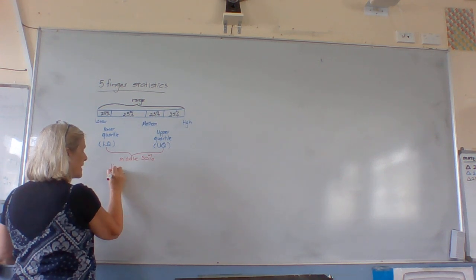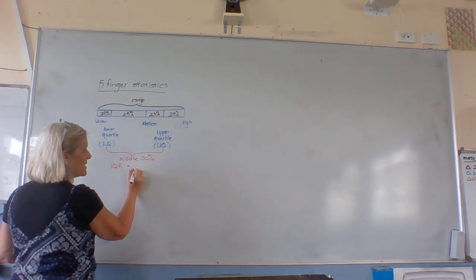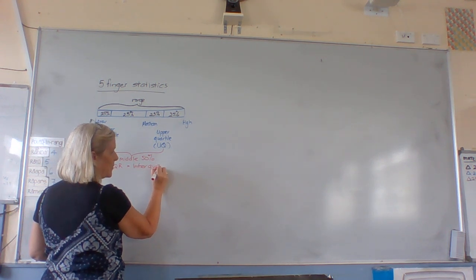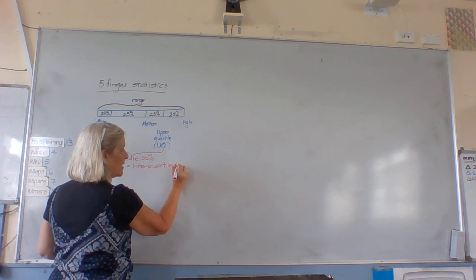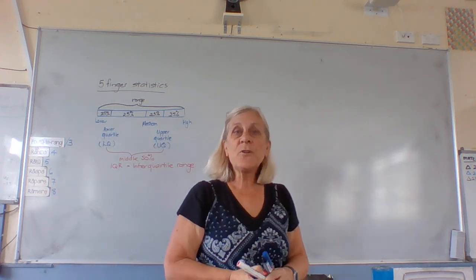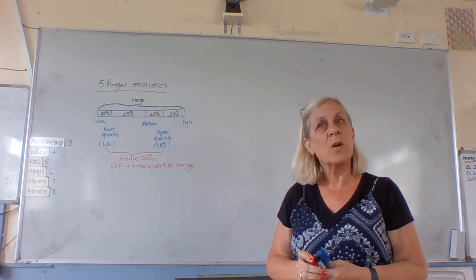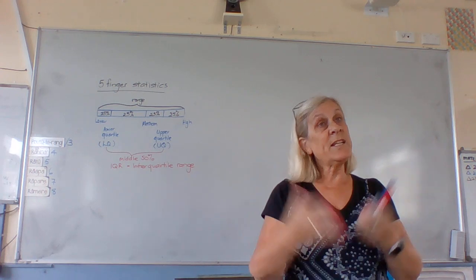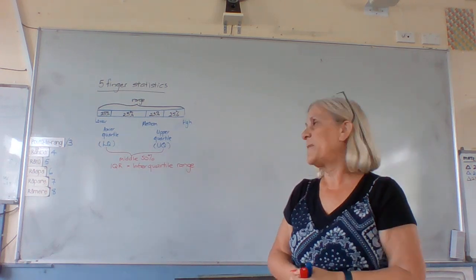It's called the IQR. That stands for the interquartile range, so between the quartiles. All right. So now we've got a lot of statistics that we can talk about once we get to our analysing stage. But for the moment, we need to figure out how we find the five-finger statistics.